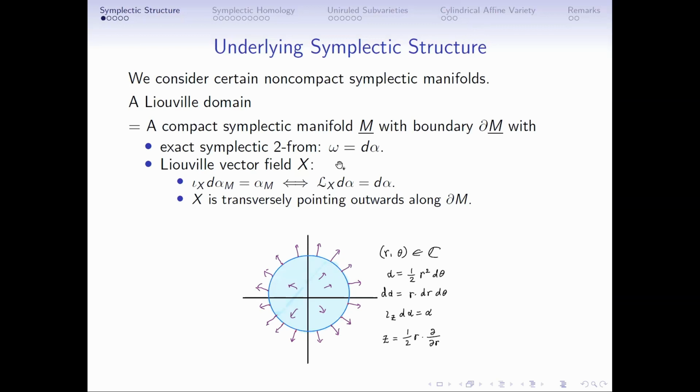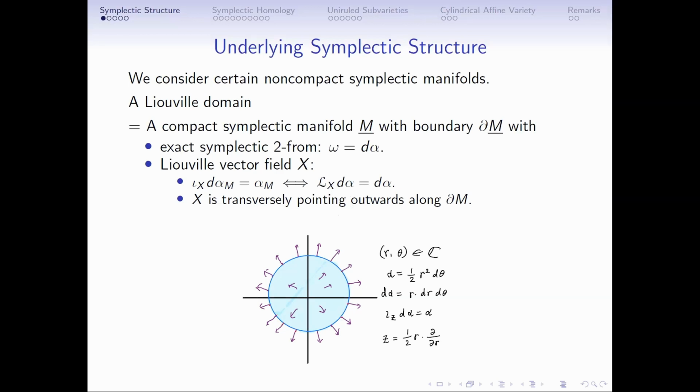Then there is a vector field such that if we differentiate the symplectic two-form along the vector field, it preserves our symplectic two-form. This vector field is called the Liouville vector field, and it is transversely pointing outward along the boundary.